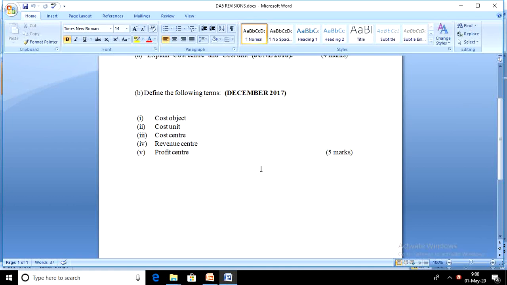Revenue center is another type of responsibility center where managers are accountable for revenues only. Managers of a revenue center are accountable for revenue only.